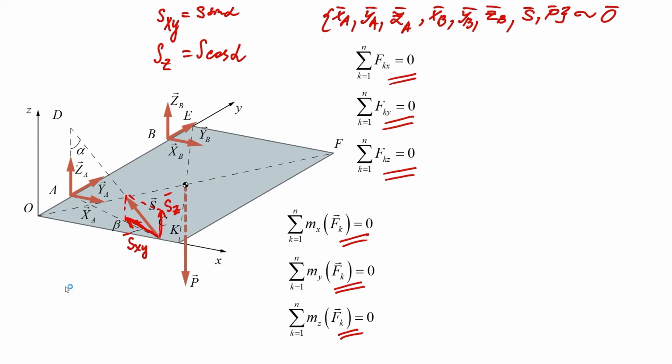Let us write down the equilibrium equations. On the axis x, we project the reactions XA, XB, and S, with S multiplied by sine alpha being the component S_xy.